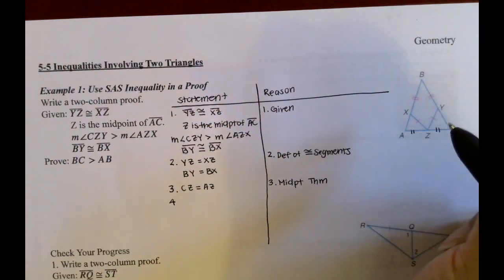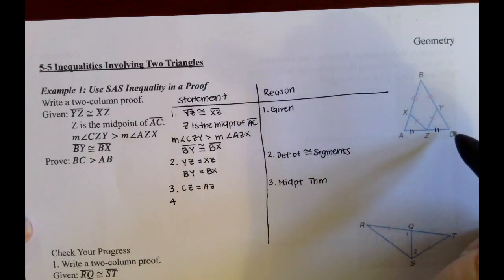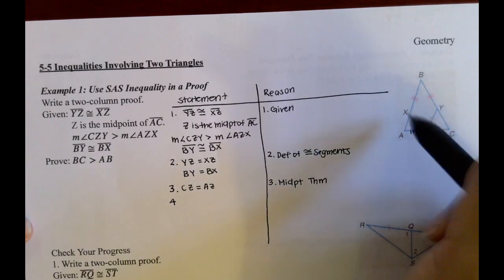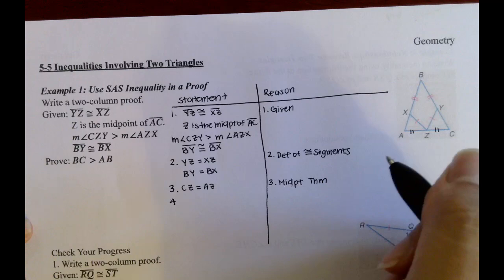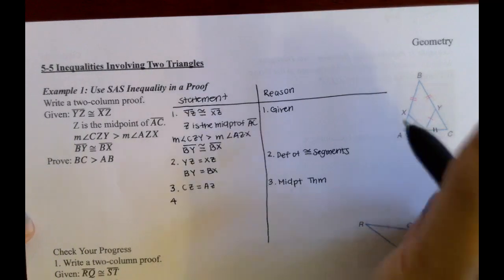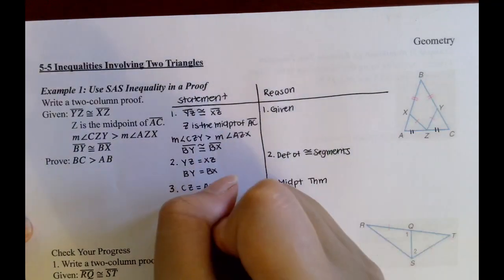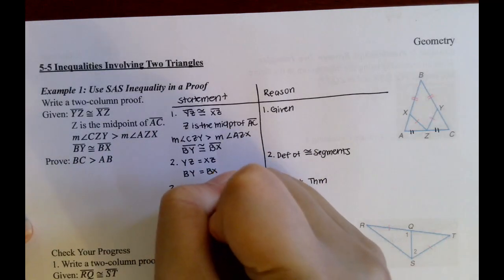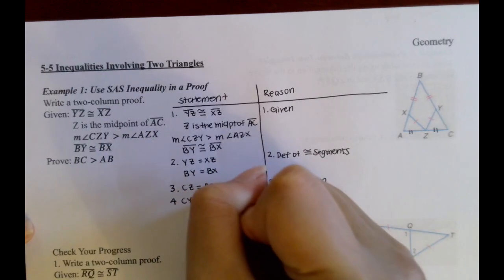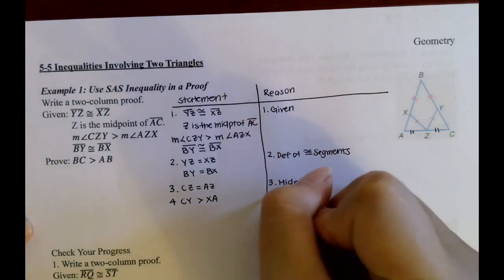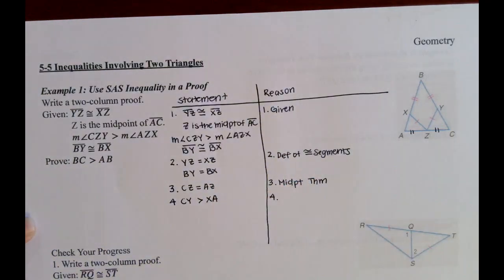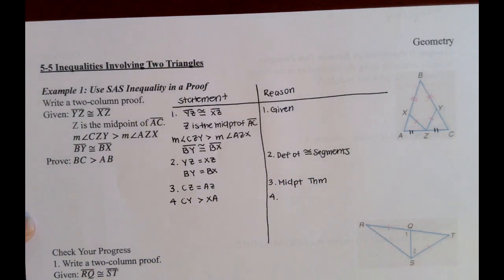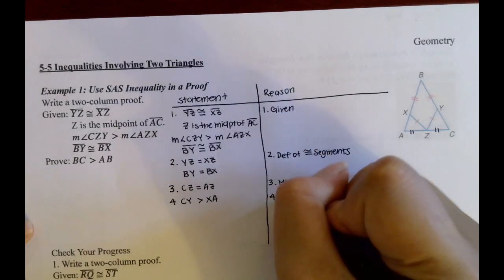Since angle CZY is greater than angle AZX, that means CY is greater than XA, and the reason for that is the side angle side inequality theorem.